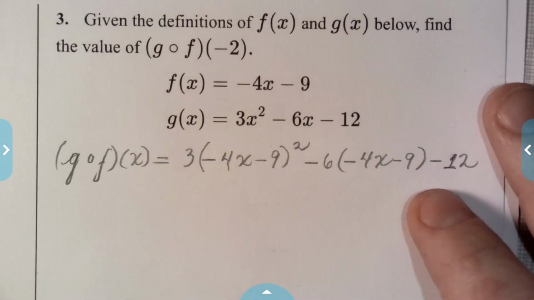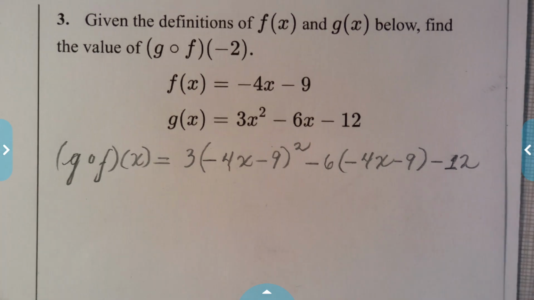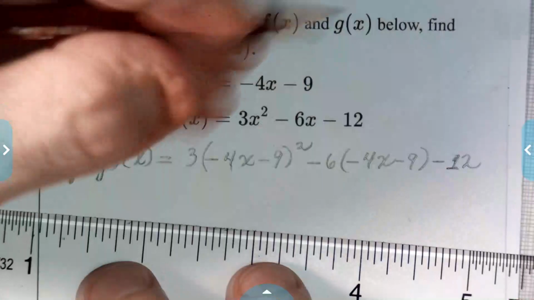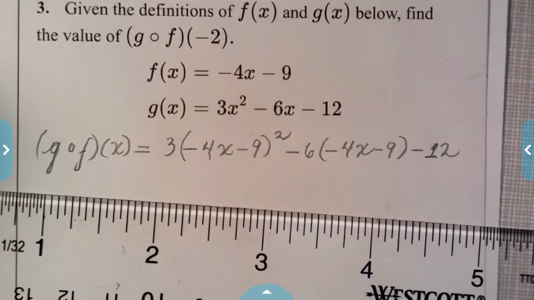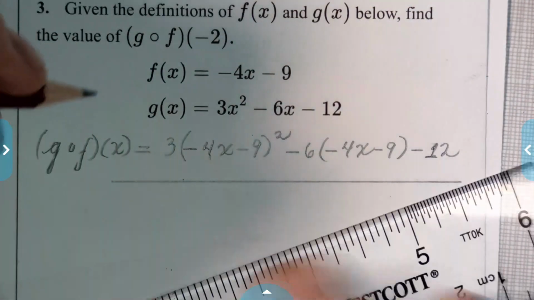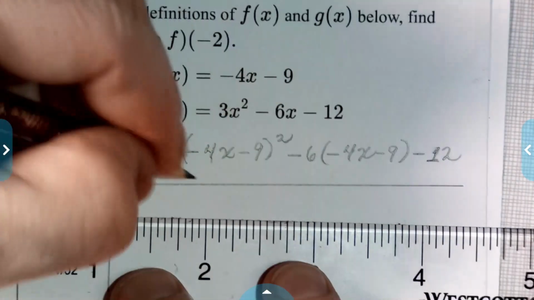Okay. So we may want to do that kind of off to the side in its own little world. Like we'll make a little work area here where we're going to go ahead and expand this binomial.